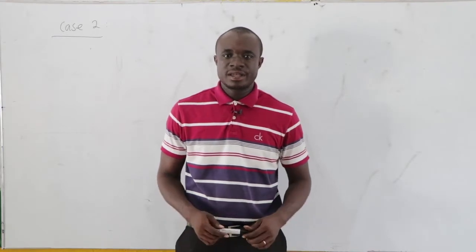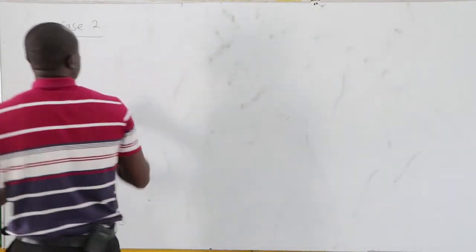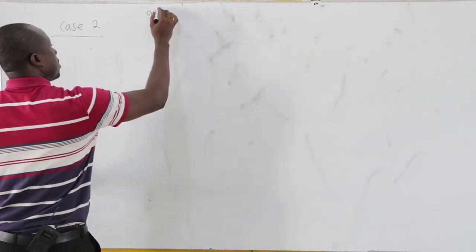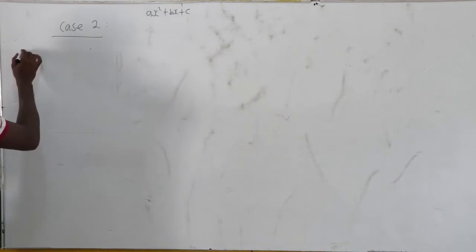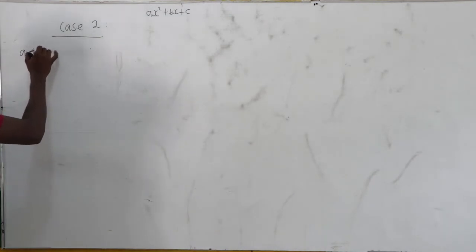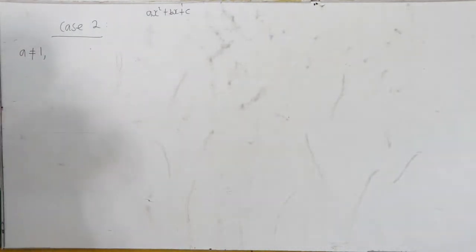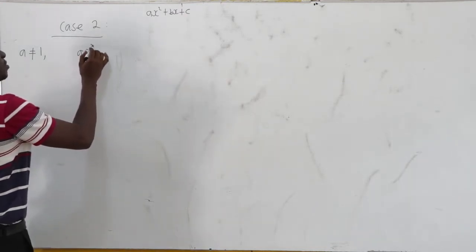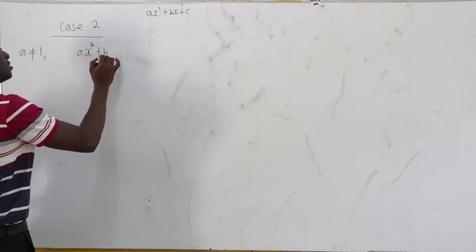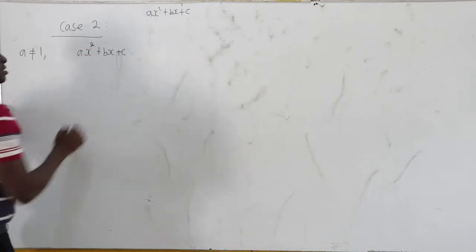Now let's consider case 2. Now we know the quadratic expression is x squared plus bx plus c. Now case 2 is when a is not equal to 1, that is any other number apart from 1, then we still have our quadratic expression as ax squared plus bx plus c.